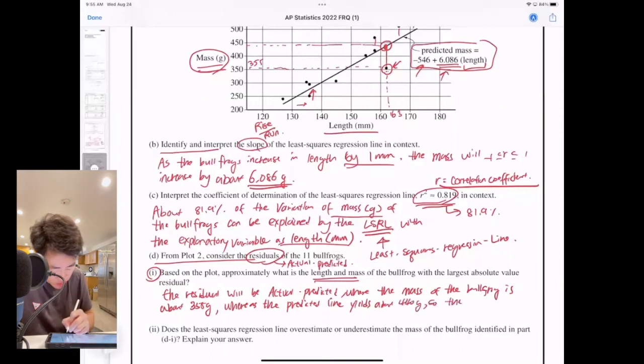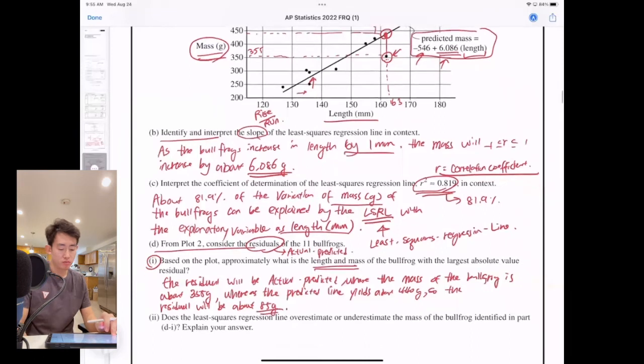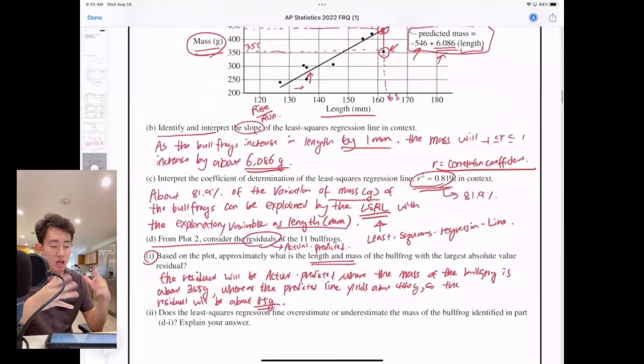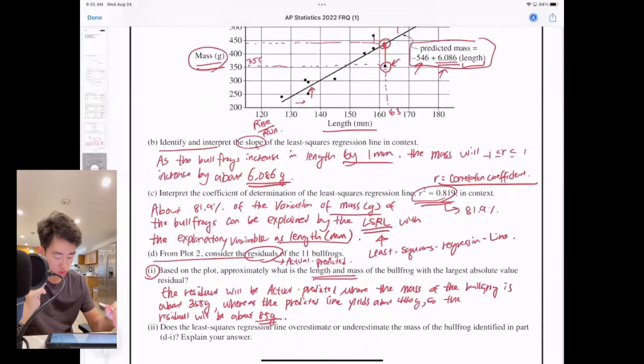So the residual will be about, what would that be, 85? There's no clear answer. I think the answer key would say anywhere between these two numbers will do. So when you clearly state the predicted and the actual and you subtract those two, you should be fine.